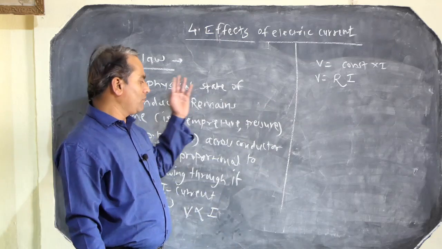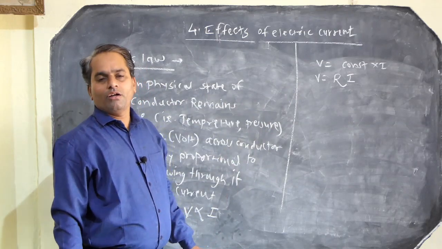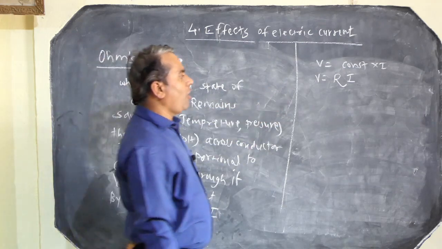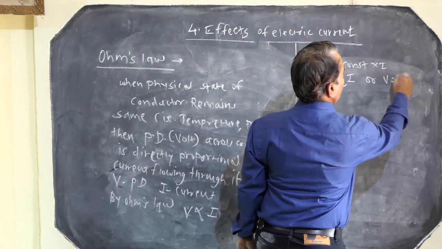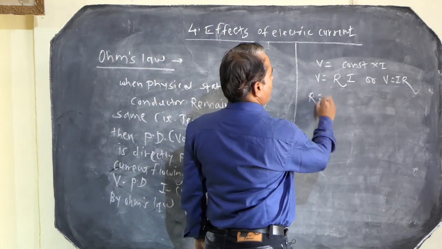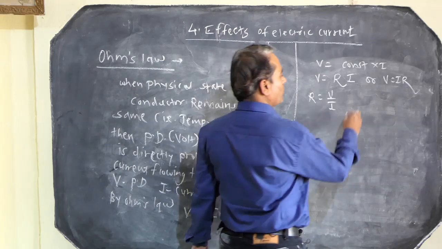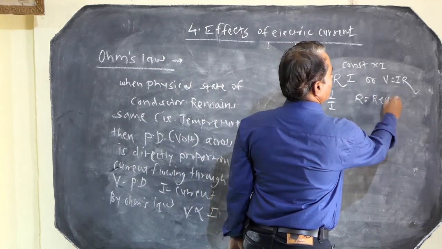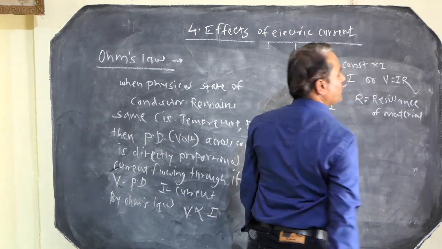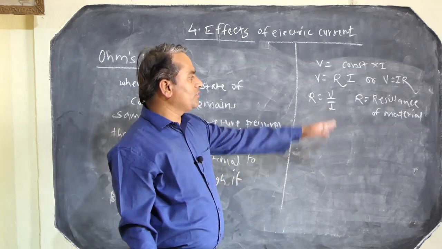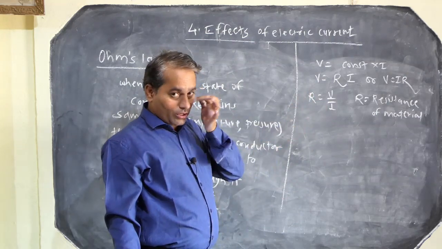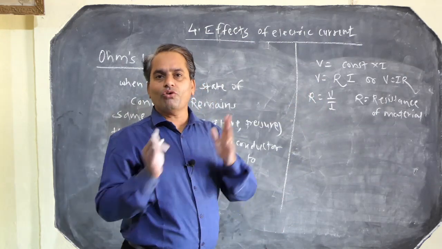The relation between potential difference and electric current is given by the constant R. So V equals R times I, or V equals I times R, and R equals V upon I. Here R is called the resistance of that material, the conductor. It is the resistance of the material, whether conductor, insulator or semiconductor. R is different for different materials.